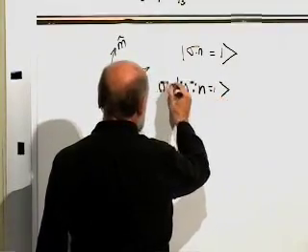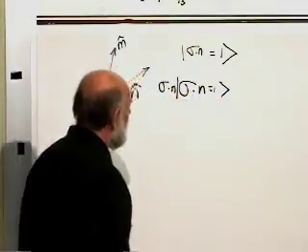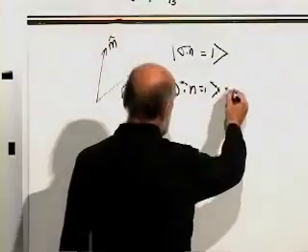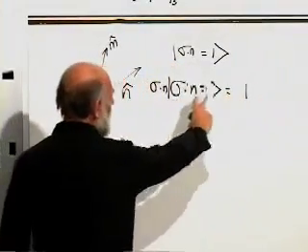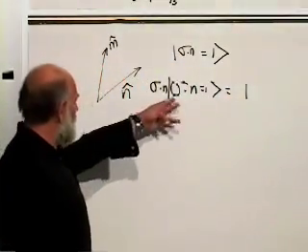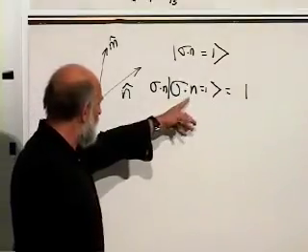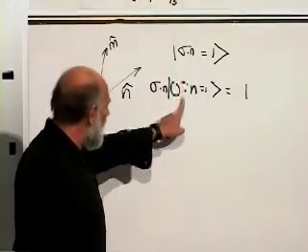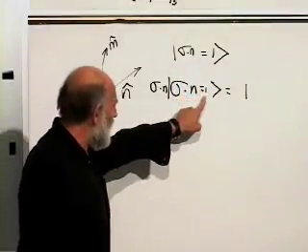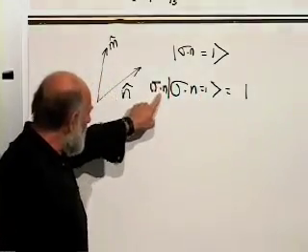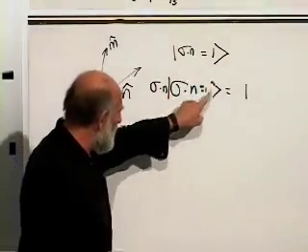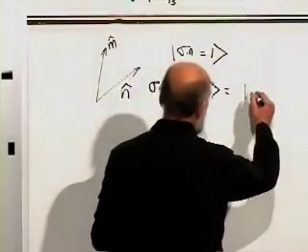If you apply sigma dot n to it, you just get the same vector back. This whole elaborate thing here is just a statement that I'm talking about the eigenvector of sigma dot n with eigenvalue +1. If I apply sigma dot n to such an eigenvector, I just get 1 times the same vector.